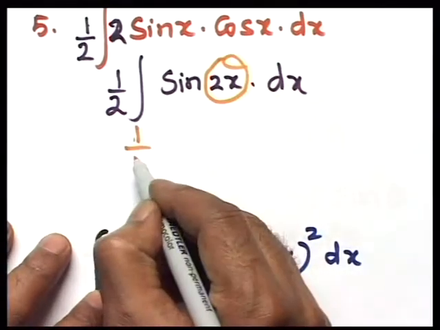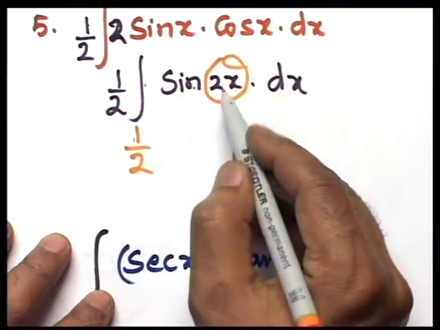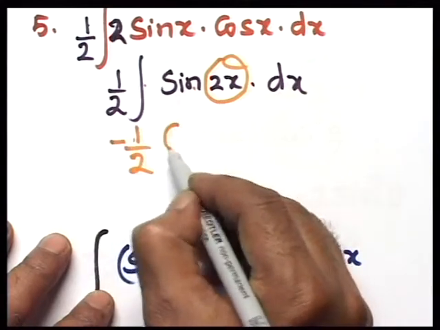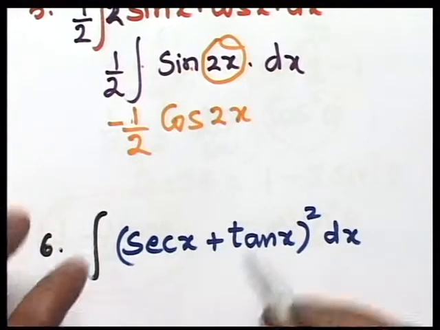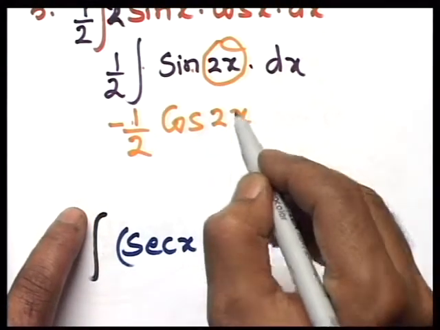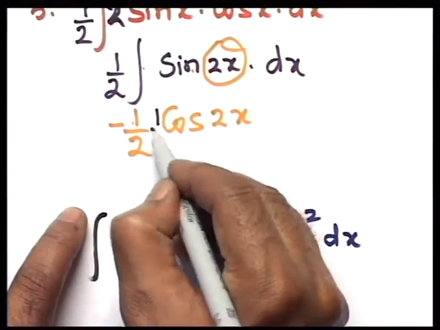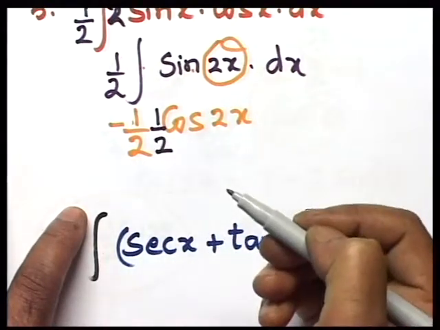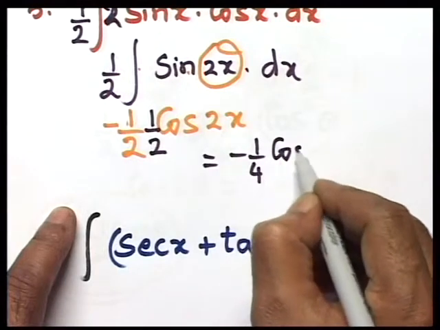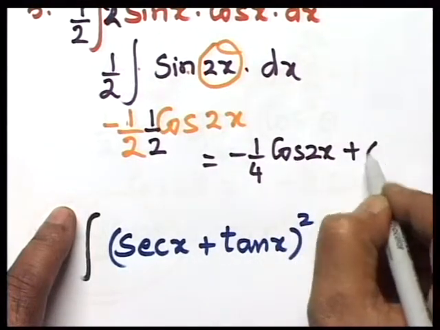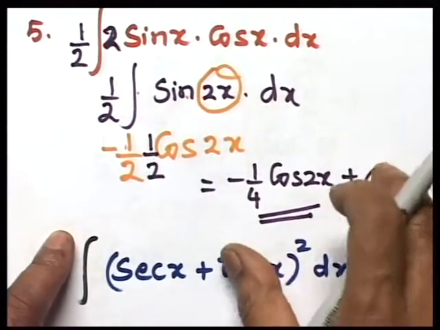So I have the half there. Integration of sin theta is minus cos theta. Watch, theta is 2x, and don't forget, it's not just x, 2x. So differentiate that, you get a 2, divide by 2. So the answer is now minus a quarter cos 2x plus c. That's how you leave the final answer.